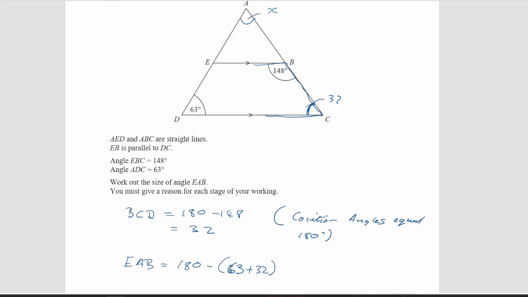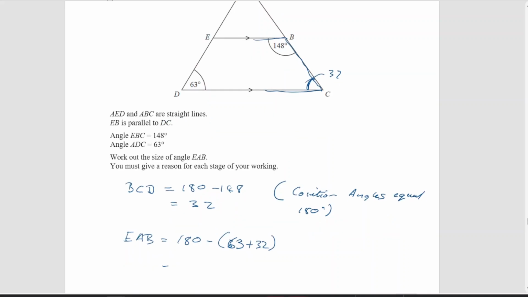So that's going to be 180 minus 95. So that's going to be 85. And the reason for that is angles in a triangle add up to 180.